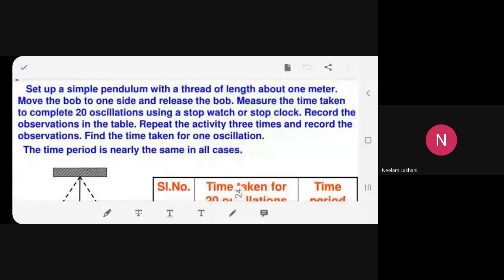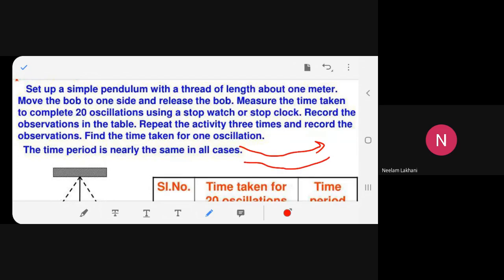And then it will keep on moving. How many oscillations are we supposed to take? 20 oscillations. So that means from here and then here, this is one time. Remember, this is one oscillation. So this sort of moving to and fro 20 times we have to take.